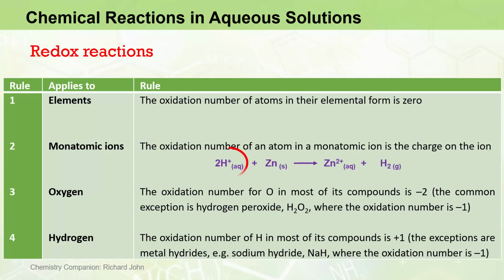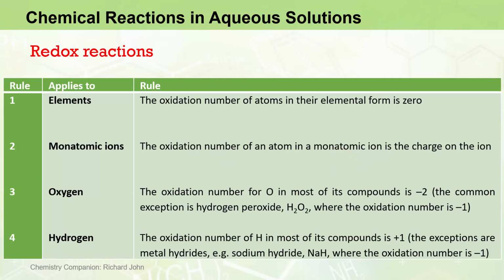So in our previous example, we identify the H+ ion as a monatomic ion, an ion containing only one atom, and its charge is +1, meaning its oxidation number is also +1. We also identified the zinc 2+ ion as a monatomic ion with a charge of +2, so its oxidation number will be +2.